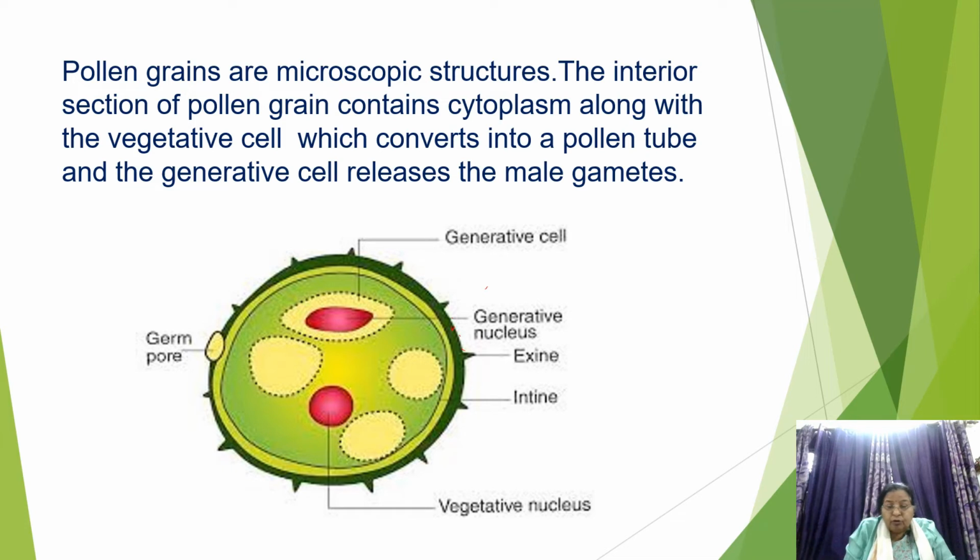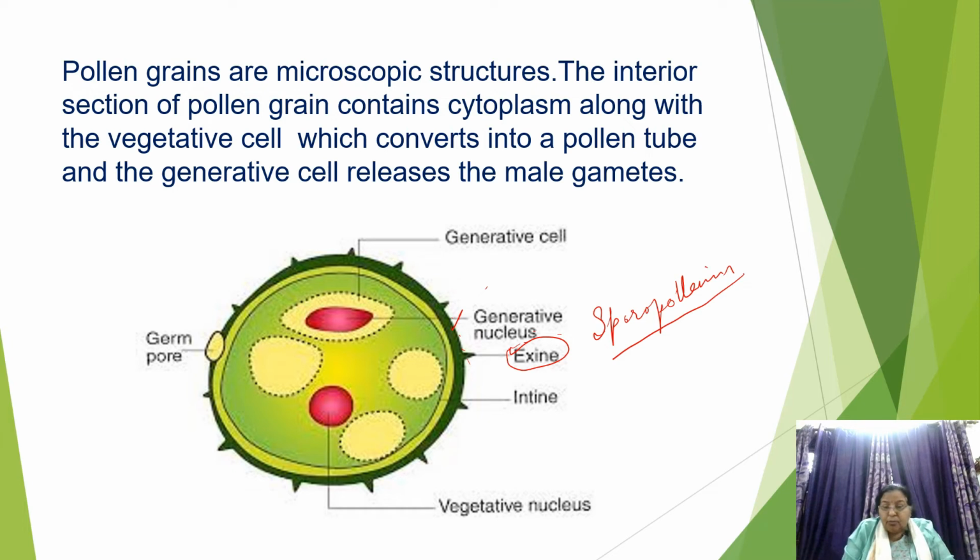Here, the outermost layer of the pollen is called the exine. Exine is made up of a substance called sporopollenin. Sporopollenin is the most resistant substance on this earth.